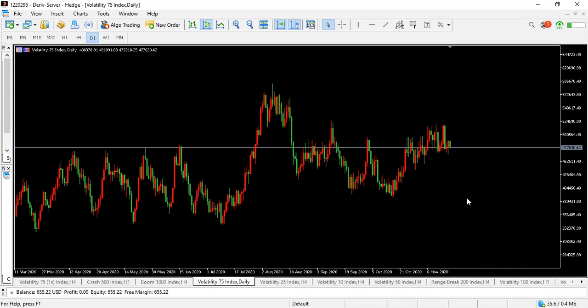So today, as we proceed, we shall be discussing this VIX 75. In short, when you are trading this VIX 75, what we are always looking for is trending.